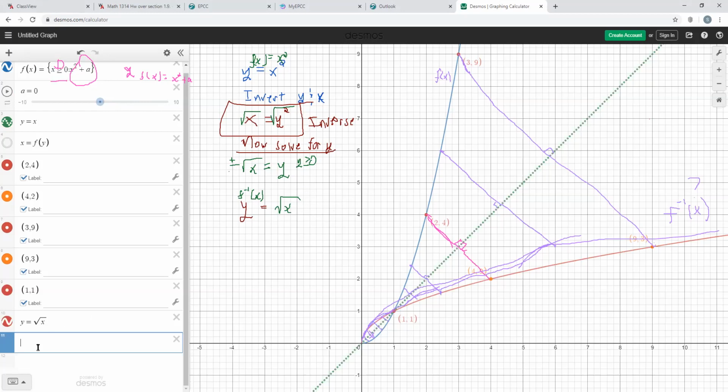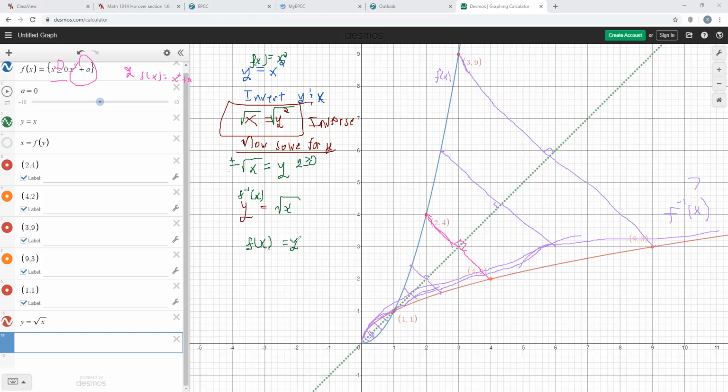Anyway, so another way to graph this is to use this note, is to do this right here. So instead of f of x, this is just a Desmos thing here. F of x is equal to the y.